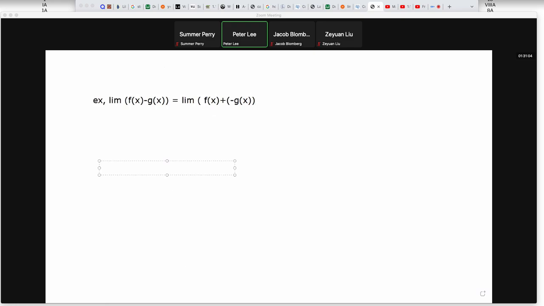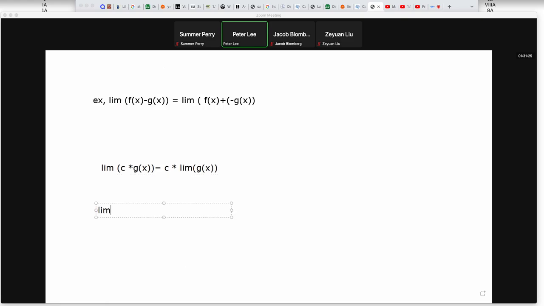Let's say you have the limit of c times g of x. That is equal to c times the limit of g of x. Or how about the square root law?